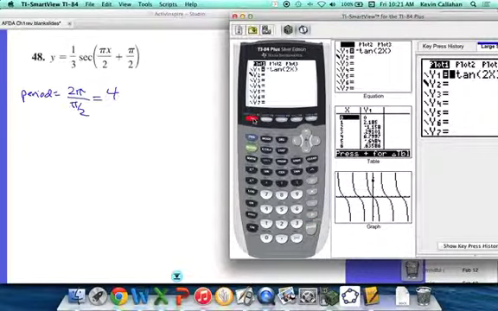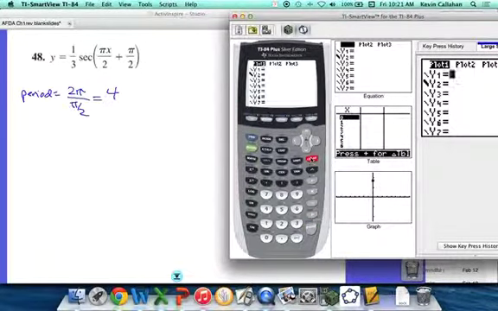Now, how are you going to enter the secant function? 1 divided by the cosine, right? Or you can use the cosine again, hit the x to the -1, whichever way you want to do it, but that's how you're going to have to enter it, because you don't have a secant function on here.